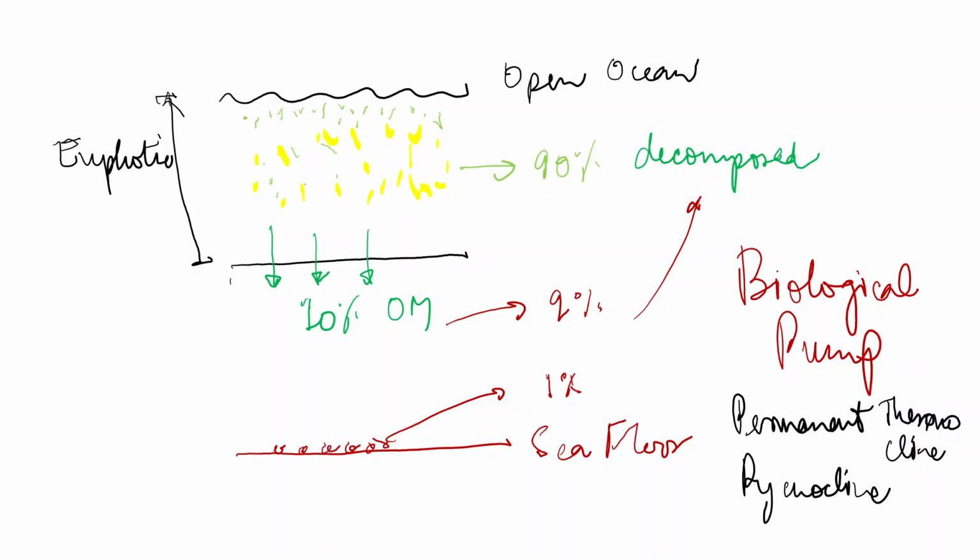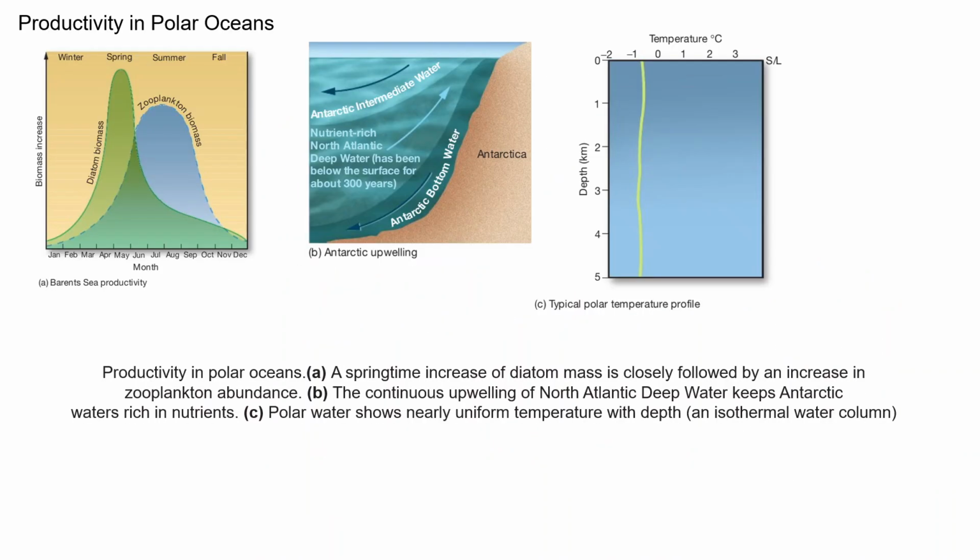So, how do these two play their role in primary productivity? We know that the thermocline and pycnocline act as barriers and do not allow the deep water, which is rich in nutrients, to mix easily with the nutrient poor surface waters.